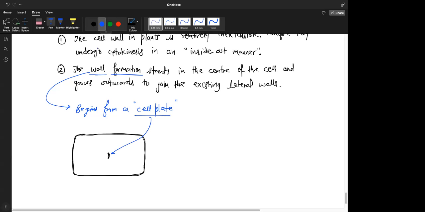After the two different nuclei have been produced here and here, these are daughter nuclei with their chromosomes. So this cell plate then starts growing out and meets this already present lateral cell wall. So when it meets here, after this, these two cells are called separate cells.